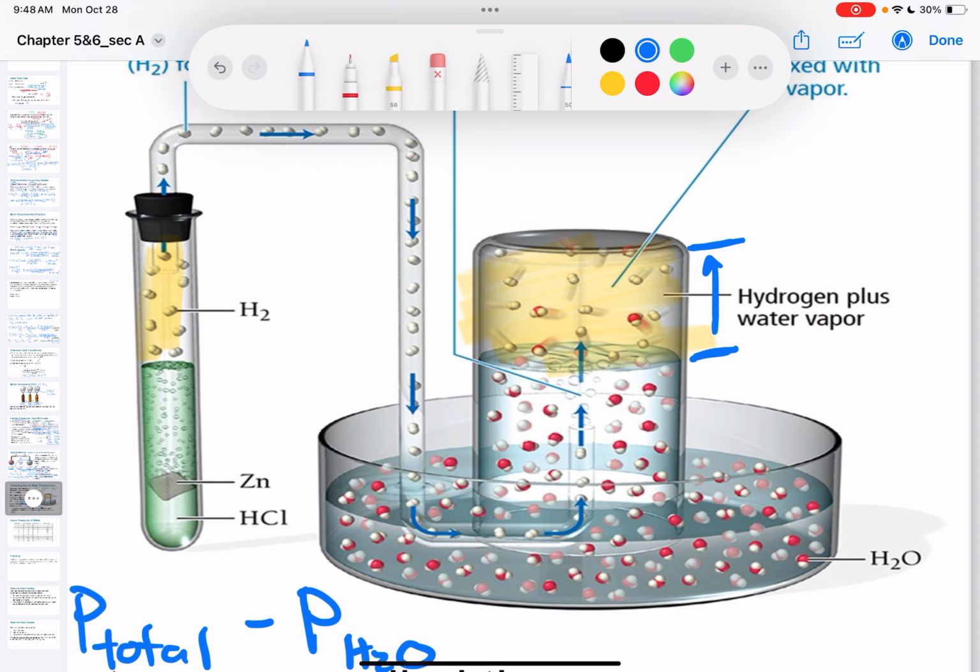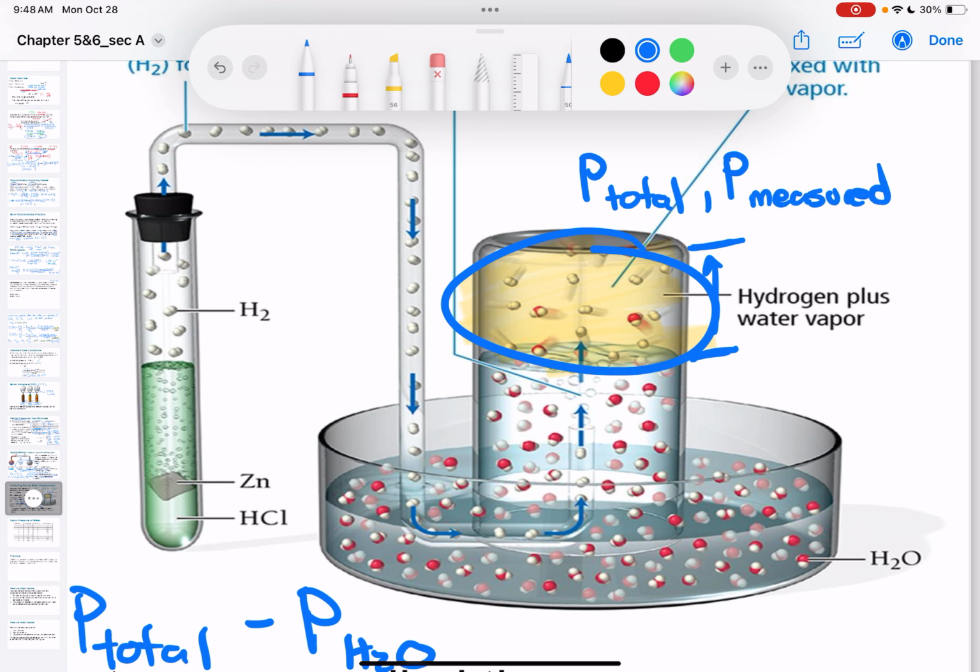So if we measure what I've highlighted in this area here, if we measure that pressure, so I'm going to say P total or P measured, that isn't really the pressure of the gas that we've produced. It's the pressure of the gas plus the pressure of the water.